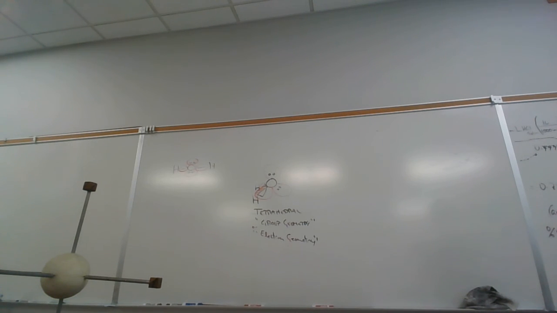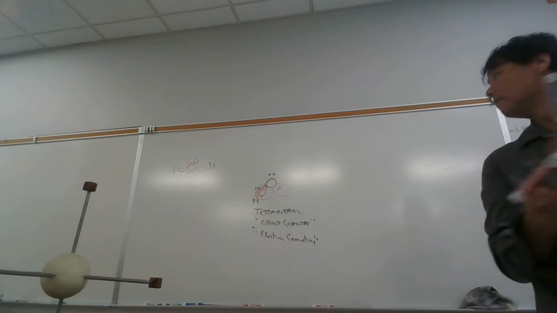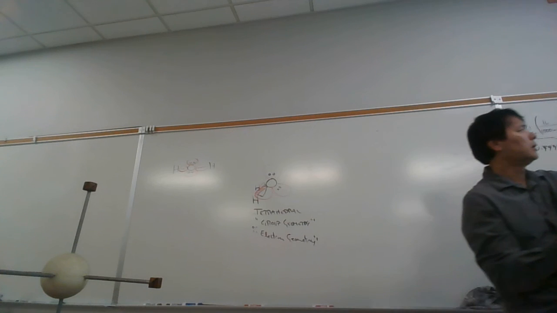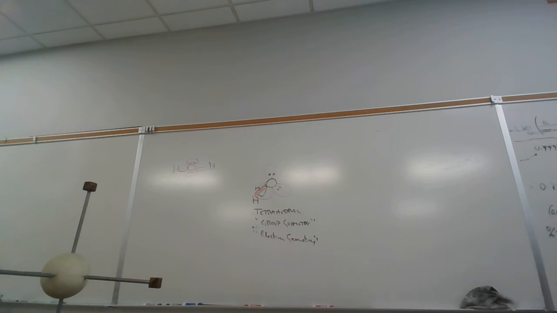And so here's my tetrahedral. If I rotate it so that these two bonds are in the plane, then that means one is wedged up, out, and one's dashed in. And so this is tweaked out of position.